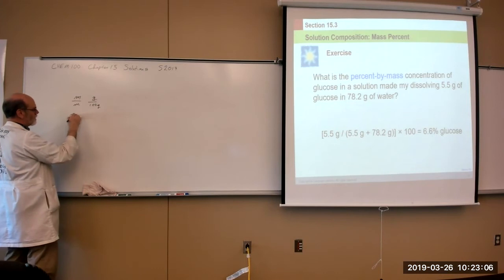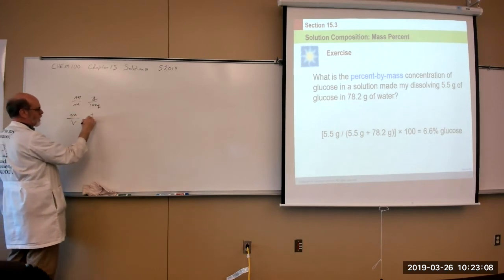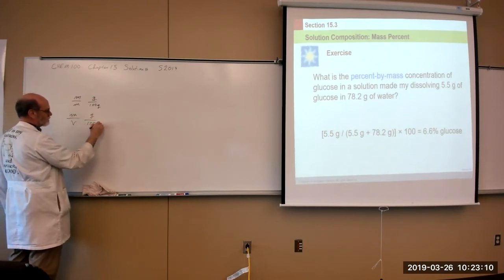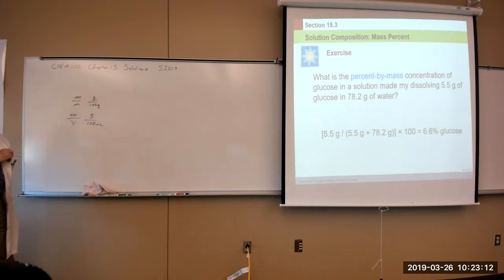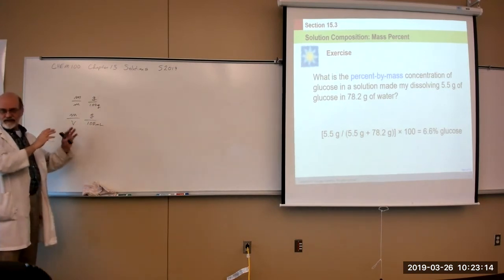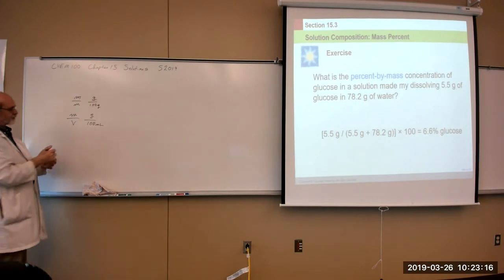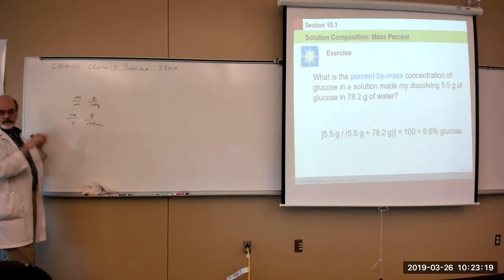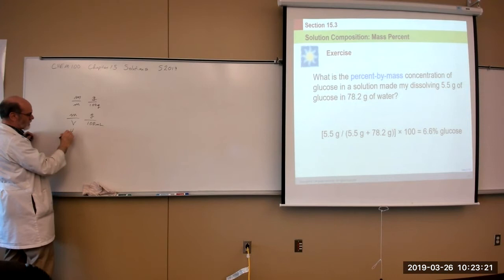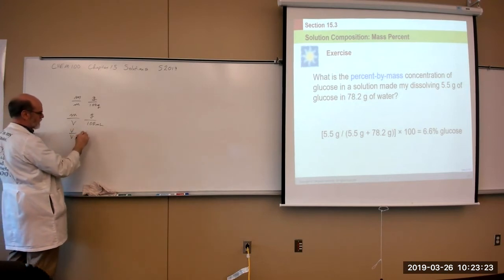Or you could have mass volume, which would be grams per 100 mil. Usually that's the interpretation, especially if it's an aqueous solution. Or you could have volume, where you have milliliters per 100 milliliters.